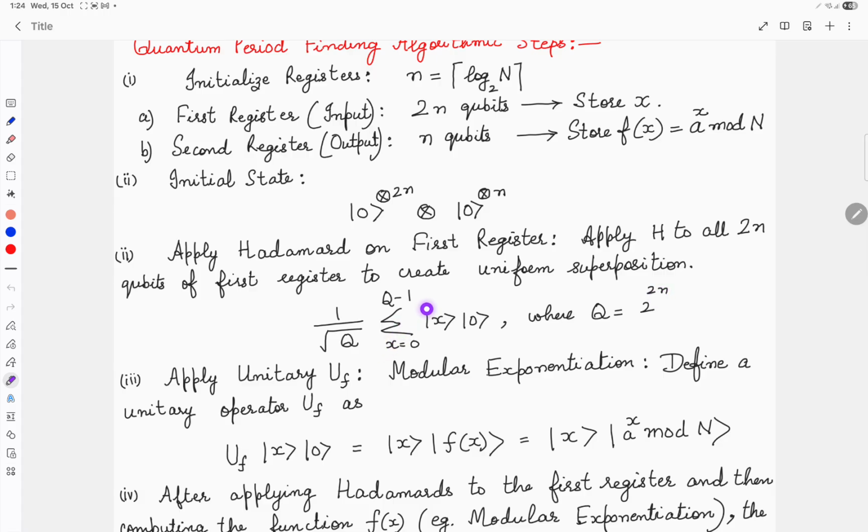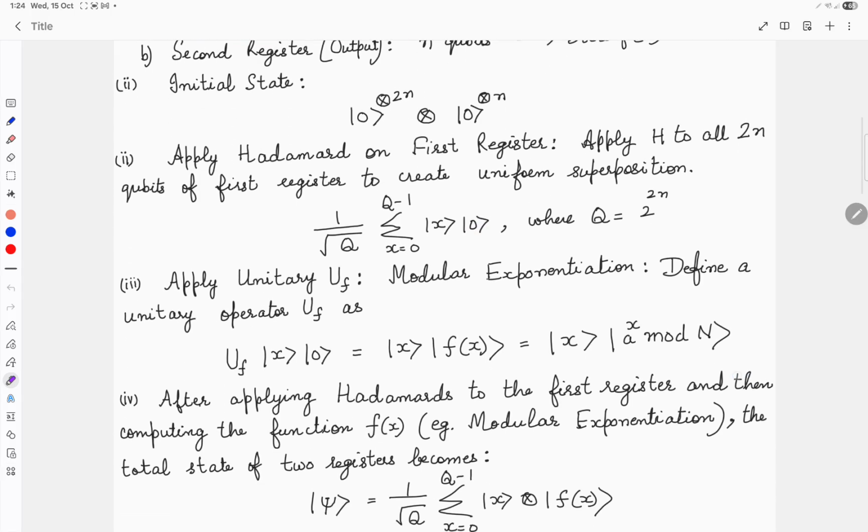So this is the state of the quantum system when we applied the Hadamard gate to the first register, and the second register is in the all zero state. We apply the unitary transformation on the second register, that means the modular exponentiation, which actually computes the function f(x).